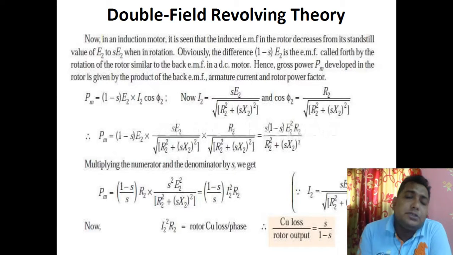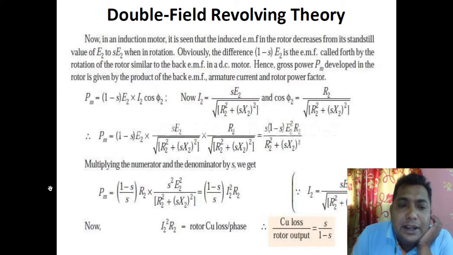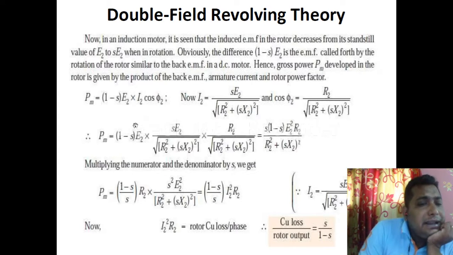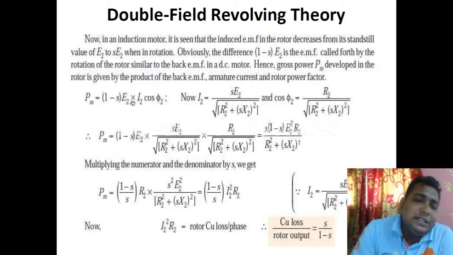Hence the gross mechanical power developed in the rotor is given by the product of the back EMF, armature current, and rotor power factor. So the mechanical power developed is given by 1 minus s into E2 into I2 cos phi 2. Now what is I2?